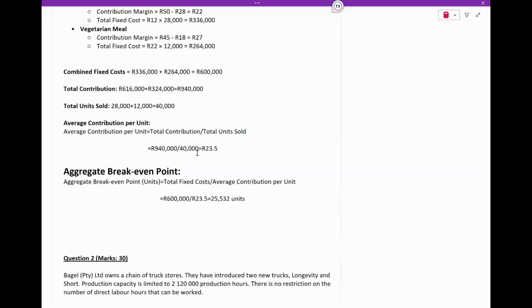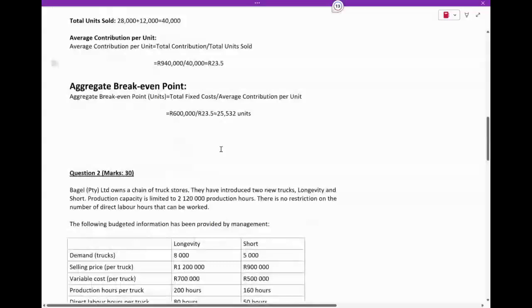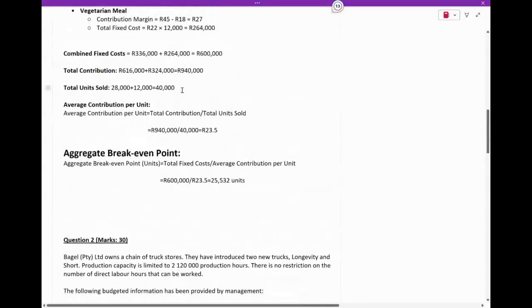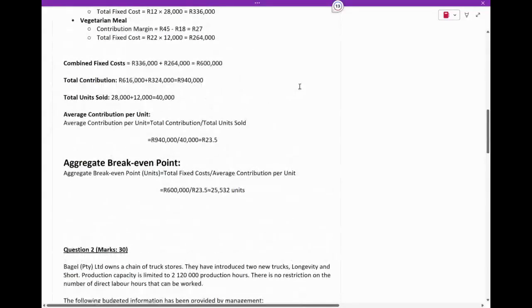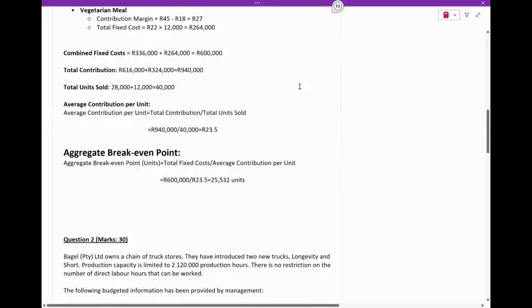Where did the 616 and the 324 come from? It came from, remember we said the contribution. So we can calculate it. I think this page is just frozen. Why is it behaving like this? Okay, I think it's just frozen. But you can calculate it. It's the contribution per unit times the number of units.